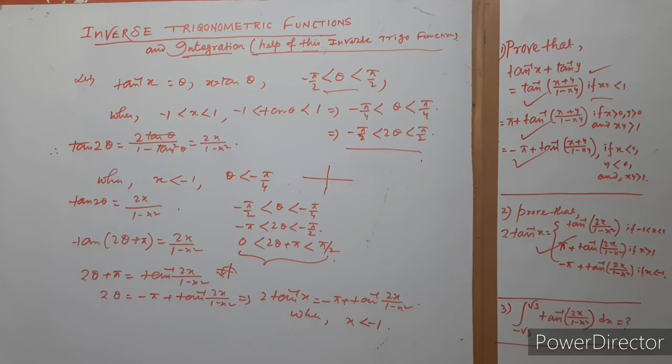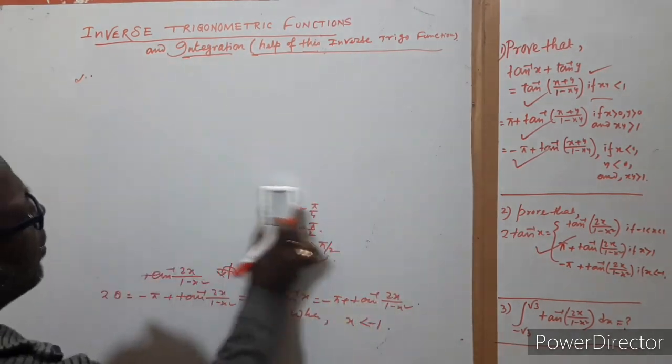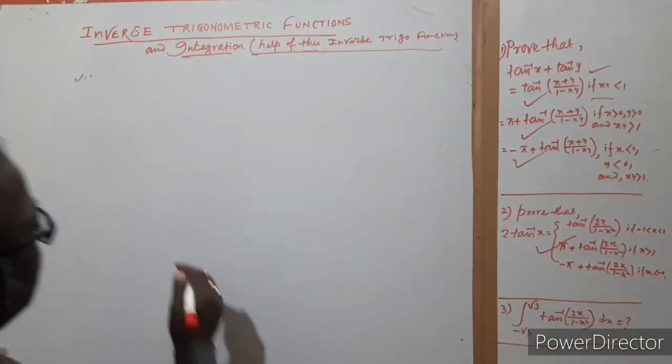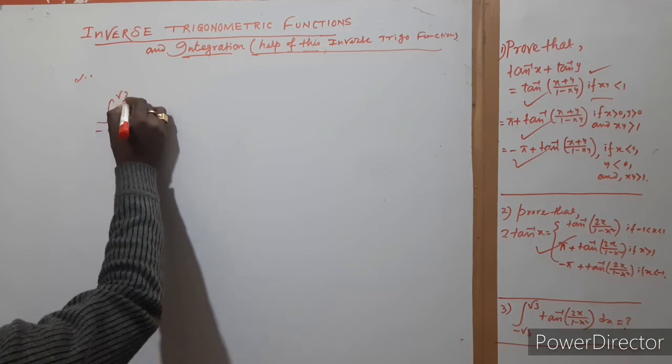Okay, I think all of you better understood, and this is the very interesting discussion today. See carefully. Okay, now we have to do the integral. If you have knowledge about that, you can easily solve this question here.